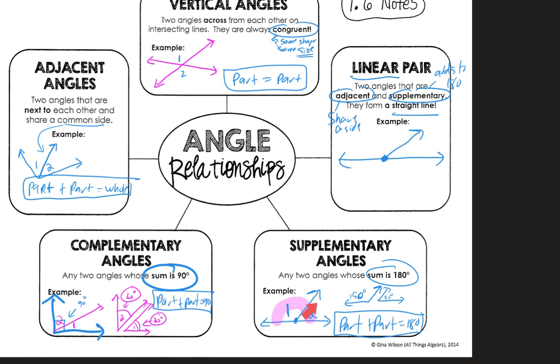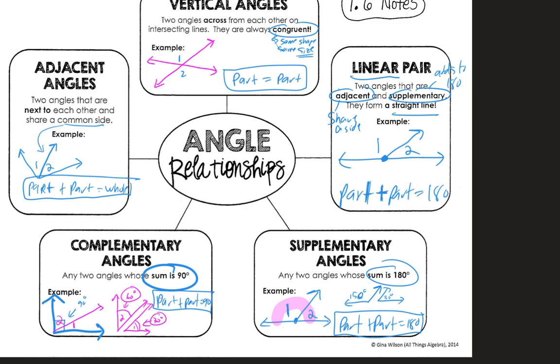They're supplementary because we know they add up to 180 and they share a side. So any linear pair are supplementary angles, just as you might have thought. So those are number one and number two. On this one, what would it be? It would be part plus part equals 180.